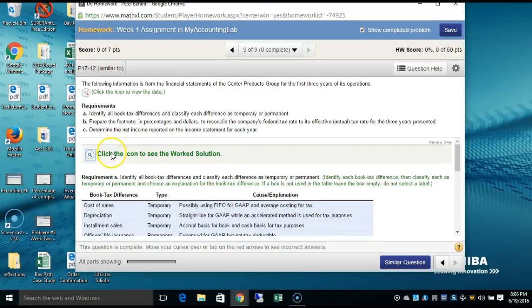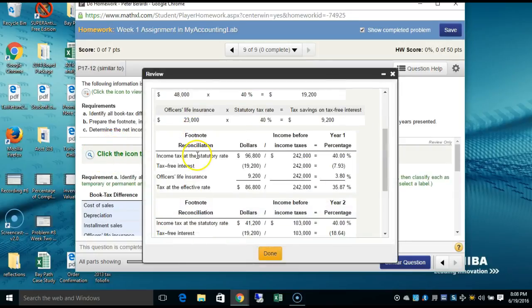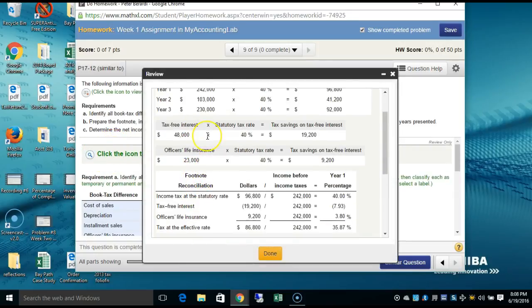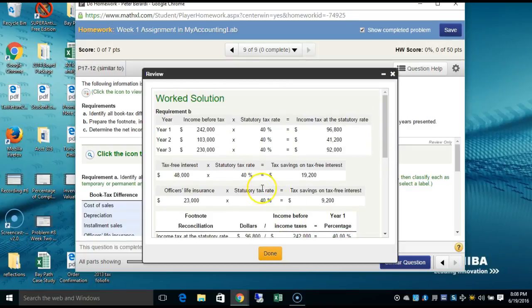So if you go to the solution here, you're going to see that the effective tax rate is income before taxes of 242,000, which is the 7.93, and the officer's life insurance of 242,000.